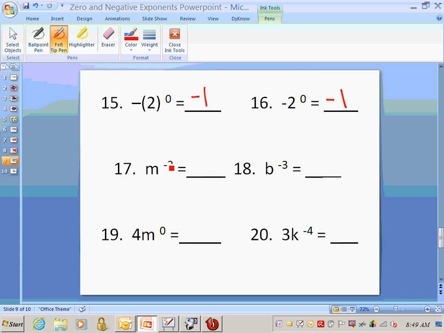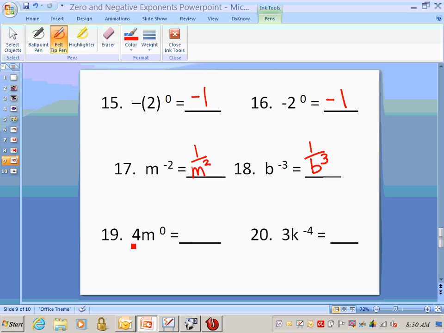So how would I fix the exponent for m? Same thing I did with the numbers. 1 over, good, m squared. It's actually easier because now I don't have to solve anything, right? How do I fix 18? 1 over b cubed.